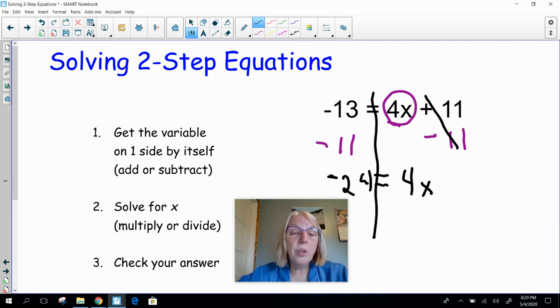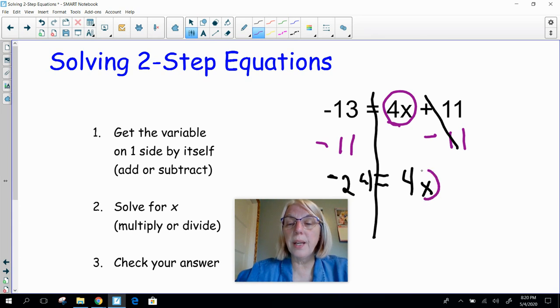So then in step 2, it says, hey, solve for x. Well, where is x? X is on the right side. There's x. What are we doing to x? Well, we're going 4 times x. And so instead of 4 times x, we're going to do the opposite, which means divide by 4.